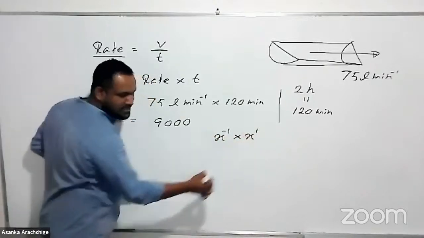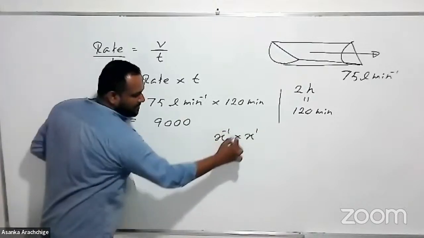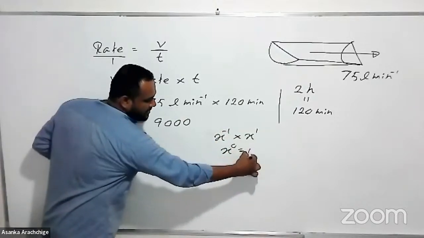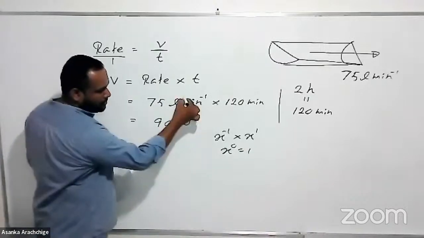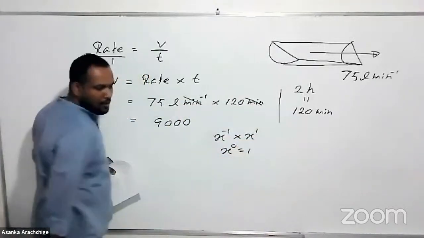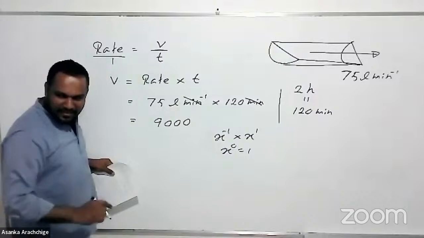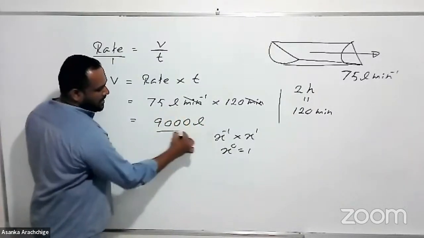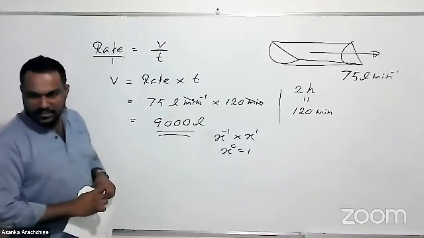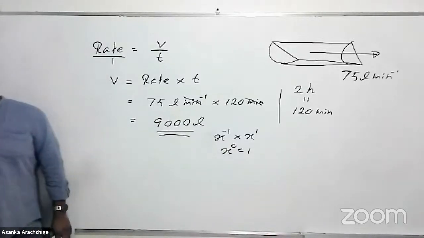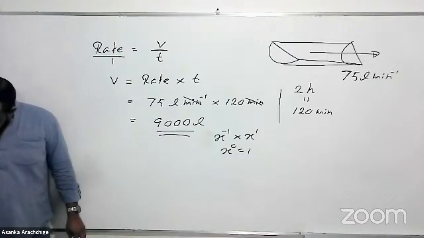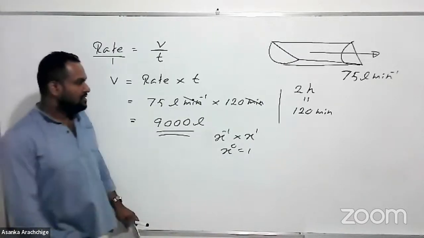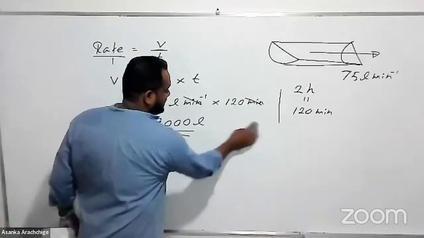Minus 1 plus 1 gives x to the power 0, which is 1. Therefore, you can cancel them off because their product is equal to 1. Therefore, the answer is 9,000 liters. Clear?